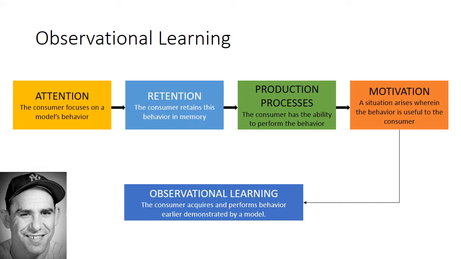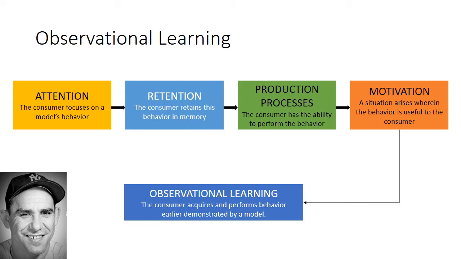And again, it follows this process. We get attention: the consumer's focus is on the model's behavior. Retention: the consumer retains this type of behavior in their memory. We do a production process: the consumer has the ability to perform the exact behavior. They can copy them, in other words. And then there's the aspect of motivation, such as a situation arises where the behavior is going to be useful to the consumer.